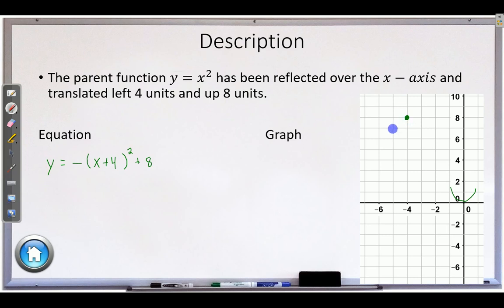So I'm going to go over 1, down 1, over 1, down 3, and then down 1, 2, 3, 4, 5. We don't have any stretch. So this follows the basic pattern. So there is our parabola.